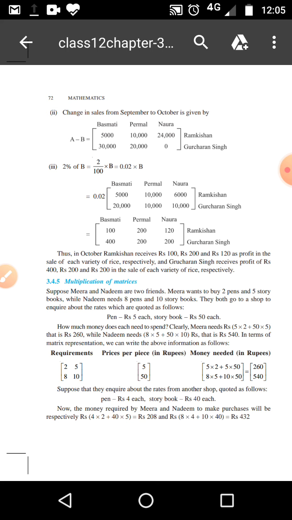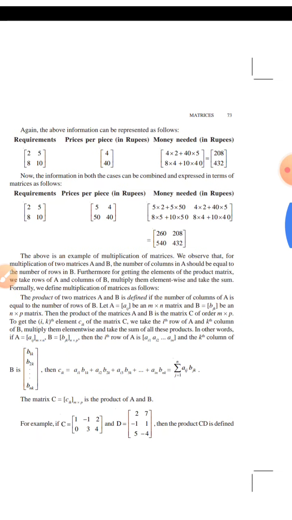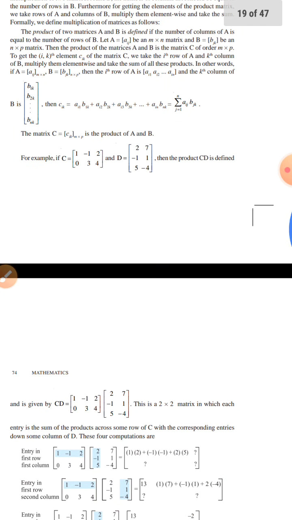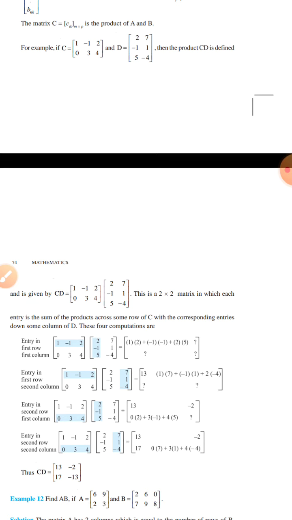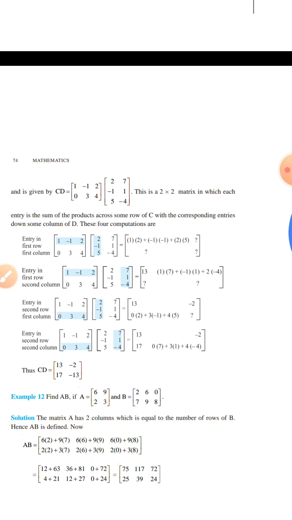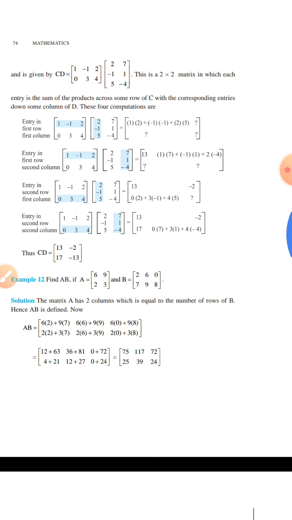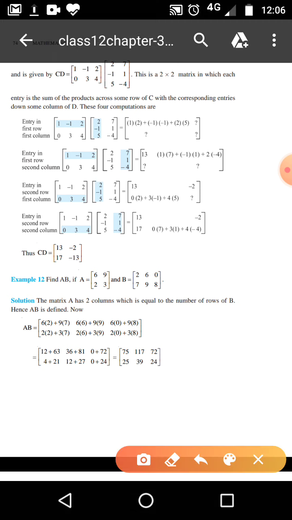So how will we multiply? We can see from an example because it is easy to see. Here is example number 12. Find AB if A is equal to [6 9; 2 3] and B is equal to [2 6 0; 7 9 8].